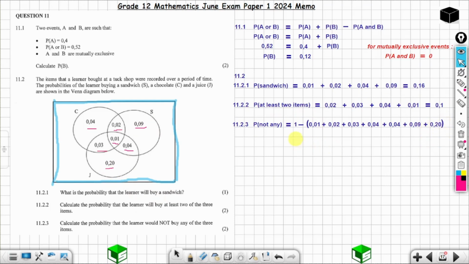So this is equal to 0.57, outside of the circles.